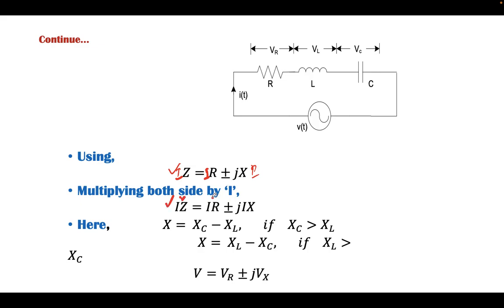This is VR, and this is the combined effect of VL minus VC, or VC minus VL. X is XC minus XL, or XL minus XC, depending upon this condition. I into R is VR, and I into X is Vx.